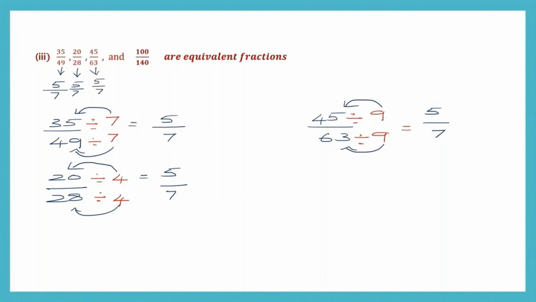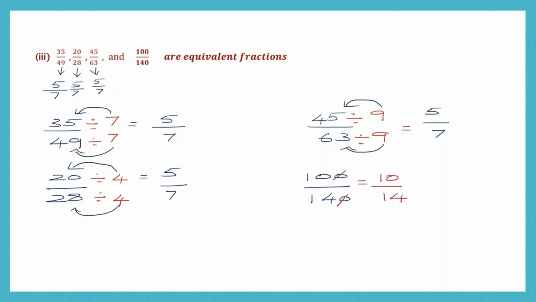Let's take the last one, 100 by 140. So now this one, both are divisible by 2, they are divisible by 5, they are divisible by 10. So now before we continue, what we can do is we can cancel off 1 zero from top and 1 zero from down. So what do we have here? 10 by 14.